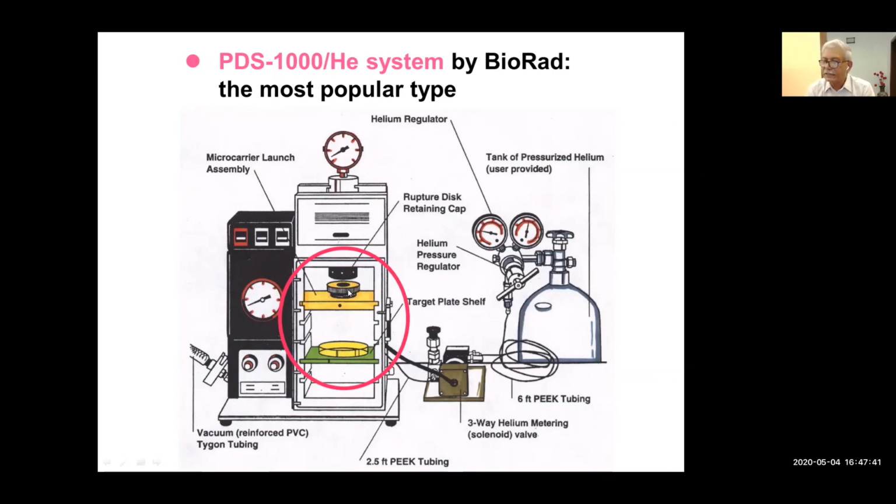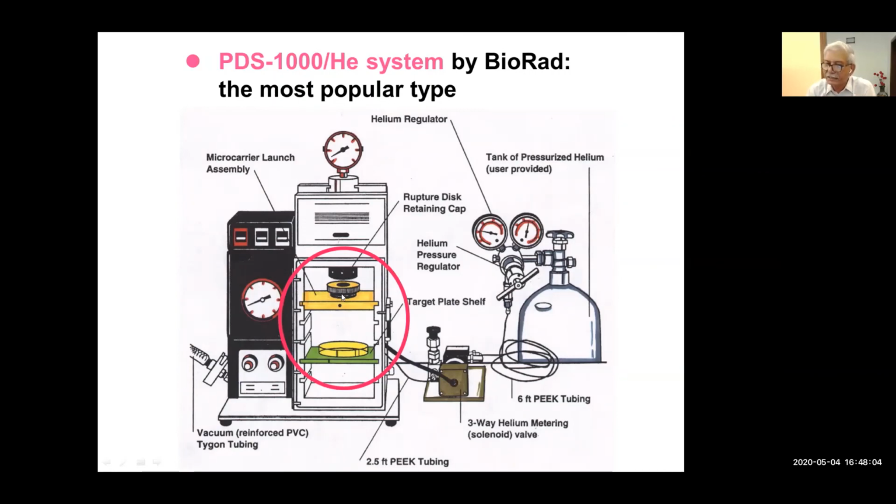Okay? The exact principle is used here. When the disk here bursts, the helium gas strikes this macro carrier, and on the macro carrier, these tungsten and gold particles are adhering, just like the sand on our hands.